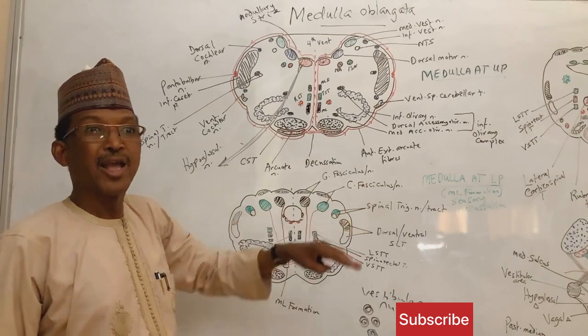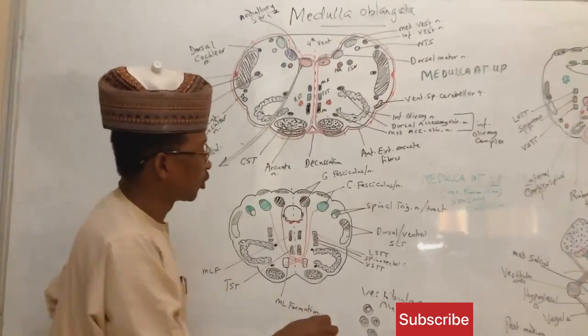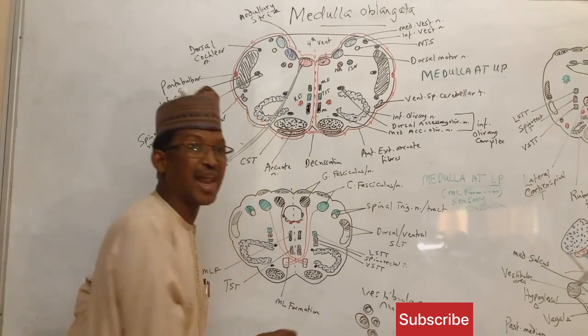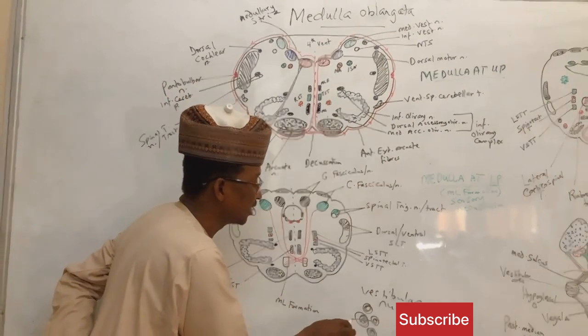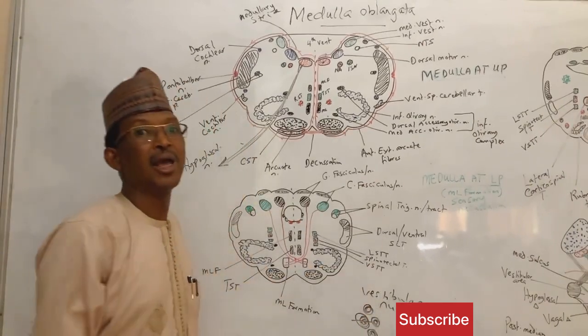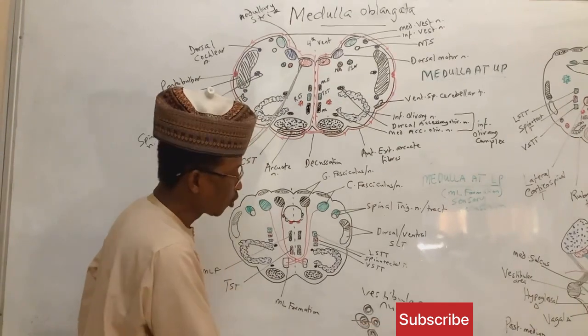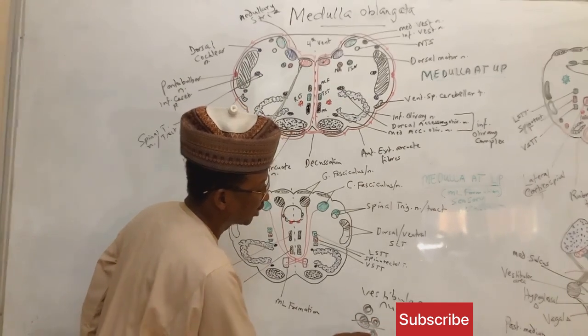Are you clear? So the reason why you are seeing this medial vestibular nucleus is because it is very large. Some portion of it is in the lower part of the pons, while the remaining portion of it is in the upper part of the medulla oblongata. And that is why when you make that section, you're only going to see these 2 complexes here.